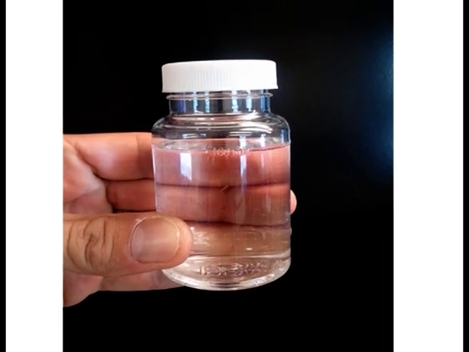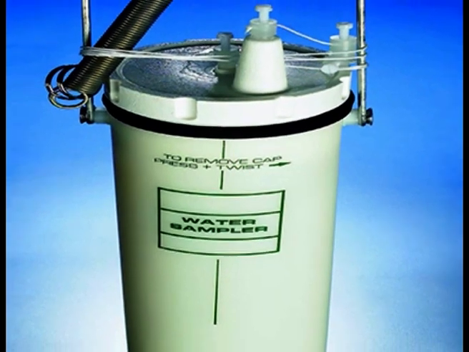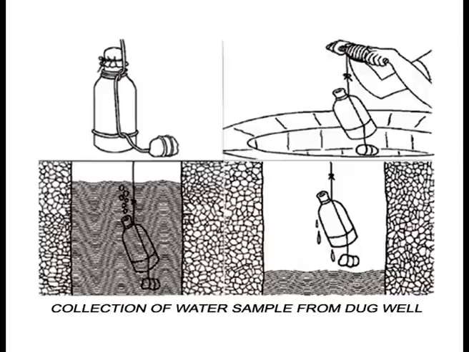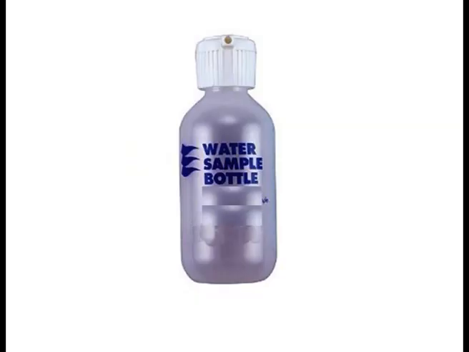Water samples are collected with the help of a water sampler, in which a bottle is fitted. We immerse the water sampler in the water for some time. When the water is filled, we remove it and collect the water in a plastic bottle or glass bottle.